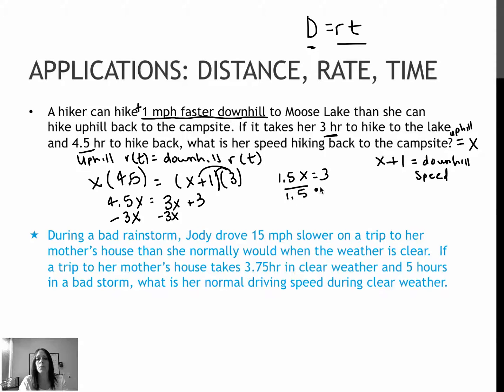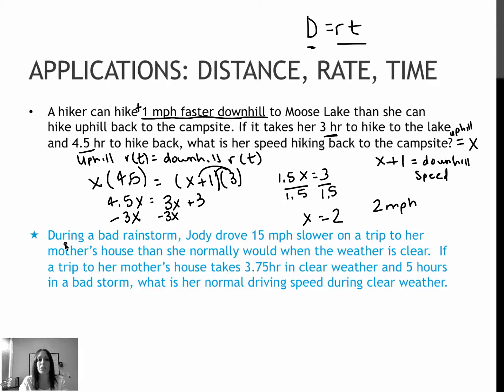Divide by 1.5, and that gives me x equals 2. Of course, this is a story problem, so her speed hiking back to the campsite is 2 miles per hour. And of course, I would write a sentence, but I don't have enough room to do that. Go ahead and try the second one and then see how you did.